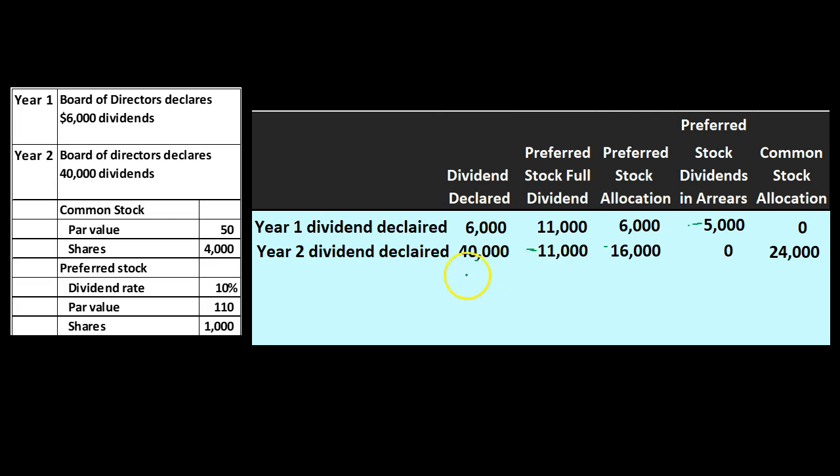Like if we paid another 40,000 in the following year, or say 45,000 if it went up, the preferred stock would only be 11,000 here still. And they wouldn't have any arrears, so it would just be 11,000 that they get. And they would be stuck at that 11,000 all the way down. If we had 50,000 next year, and the business starts to really do well, then these will stay static and the common stock amounts will go up.